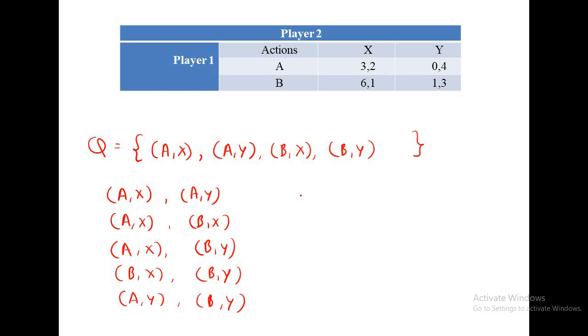So we have that many pairs of profiles. For each and every pair of profiles we need to check the condition for the state competitive game. So one by one we will check each and every pair for the condition.